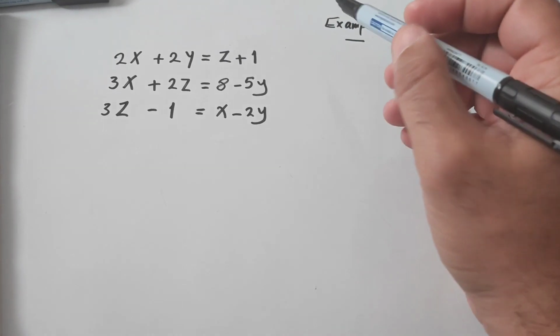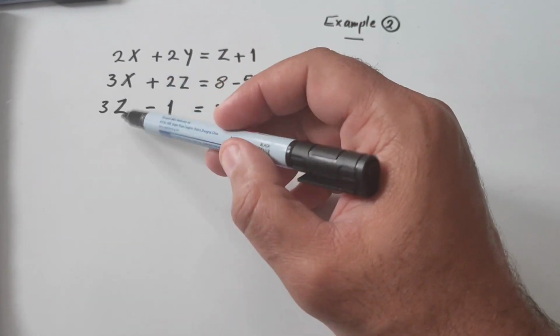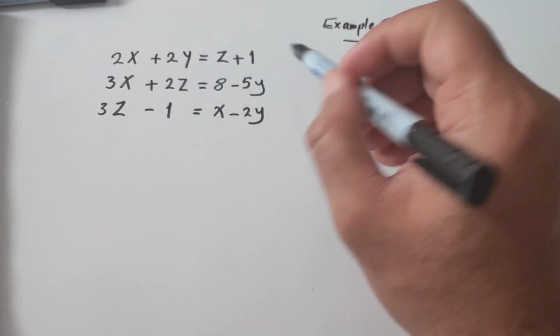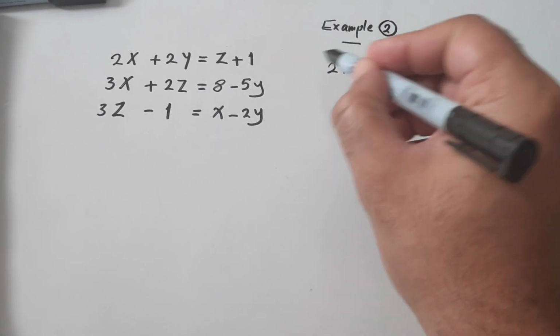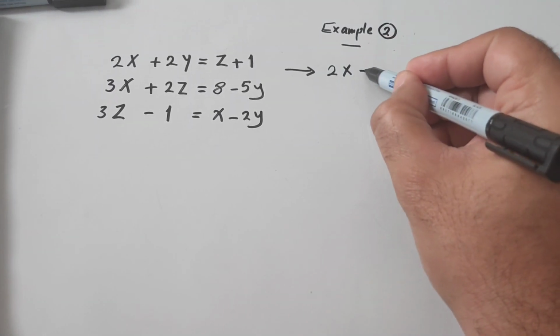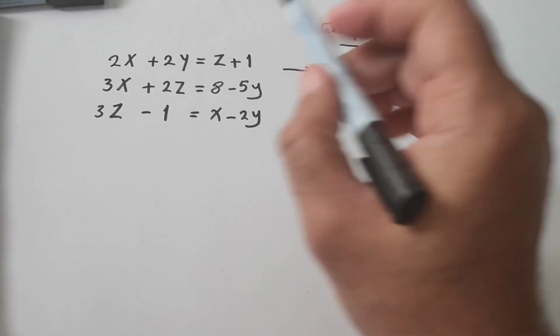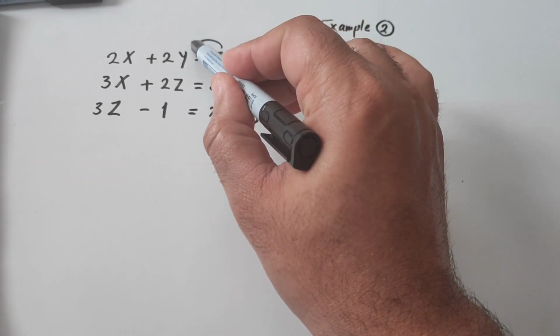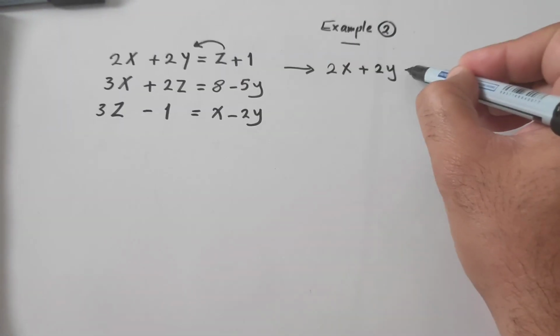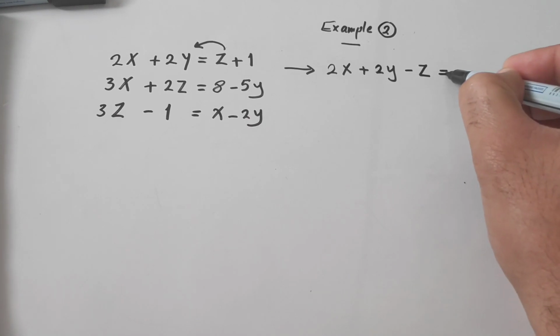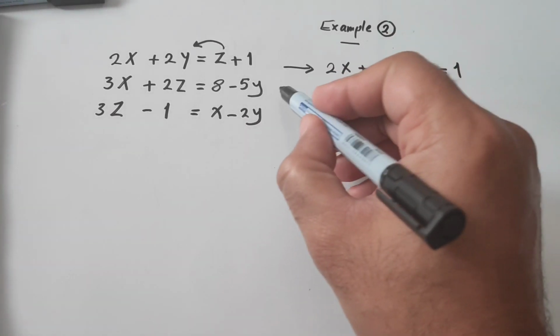First of all, we should order each of the following equations: 2x plus 2y minus z equals 1.